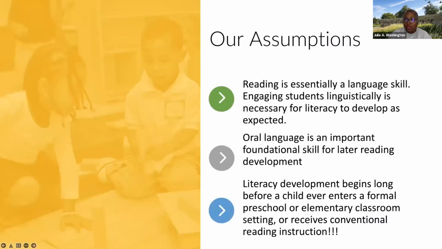I always like to start with shared assumptions. So our assumption is that reading is a language skill, and that you have to engage students linguistically in order for literacy to develop. Whenever I say this to people face to face, I get those duh kinds of looks, but the reality is that this is not something that we have known for a very long time.